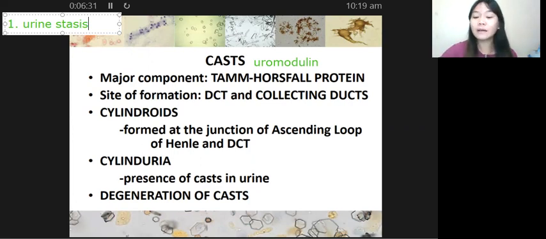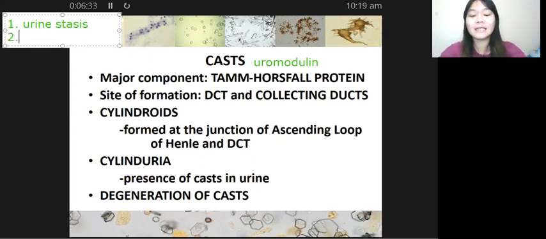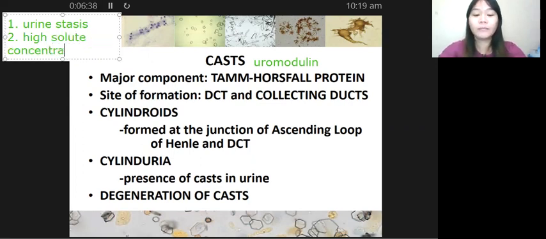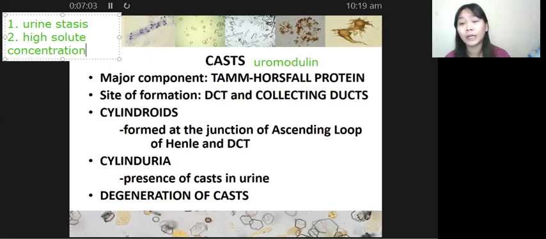Another factor that we have to consider is high solute concentration. Yung nasa module natin, ang nakalagay dyan ay high salt concentration. But of course, medyo nakakalito kasi yung term na salt concentration. I have read several references that we have in clinical microscopy at hindi ko na-encounter yung high salt concentration na term.